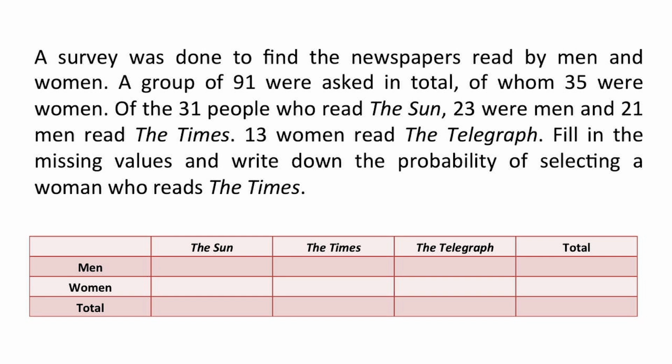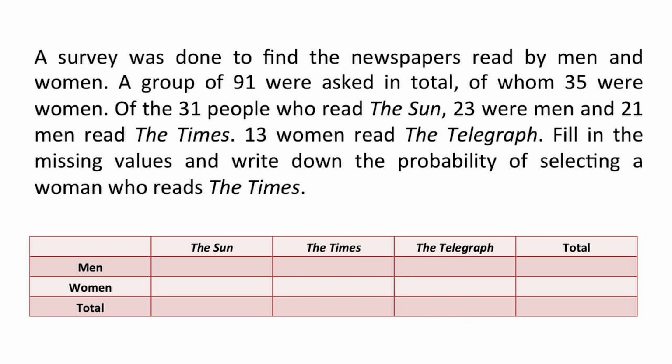We have men and women in that first column, and then going along the top, we have The Sun, The Times and The Telegraph. But don't forget, we need to add that total row along the bottom and the total column at the end. Now, they give us all the information in the question. For example, they tell us that 91 people were asked in total.